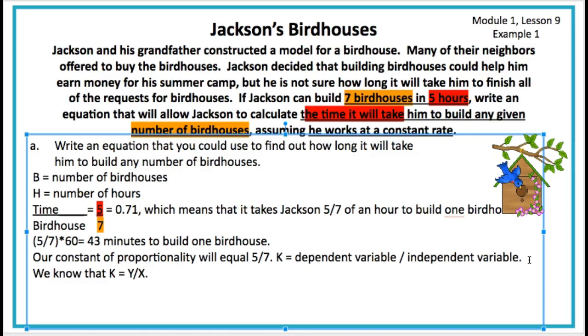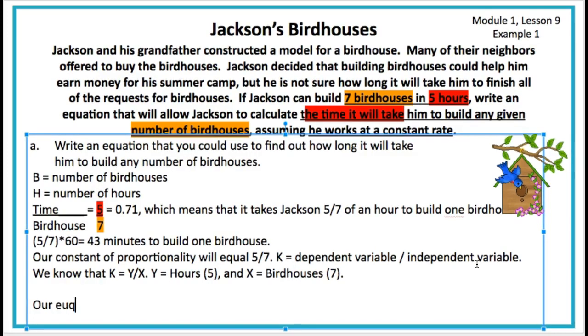In this equation, y will be equal to hours, and x will be equal to b, birdhouses, which is our 7.